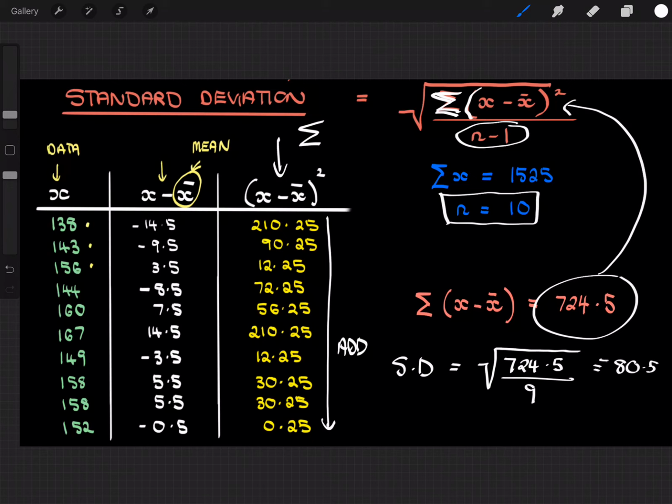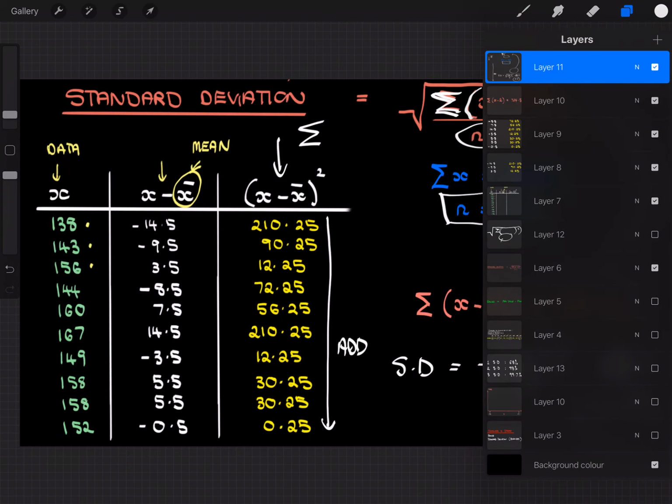So the standard deviation is the square root of 80.5. And if we do that, what we get is 8.97. That is one standard deviation. Okay, so finally, what does that tell us? Well, let's have a look at what it tells us.